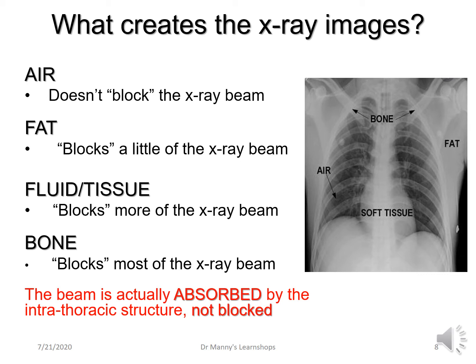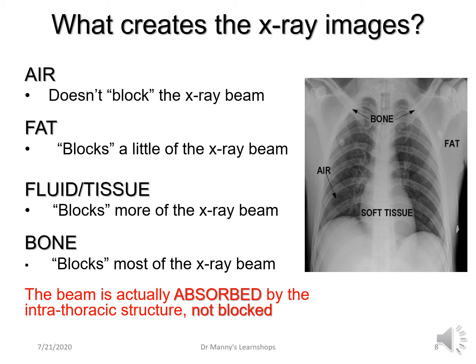If you've got a dense organ like bone, it absorbs the x-ray beam, and as a consequence it won't get through to the film. More importantly, too many x-rays may cause blood dyscrasias like leukemia. It may affect cells in the tissues.